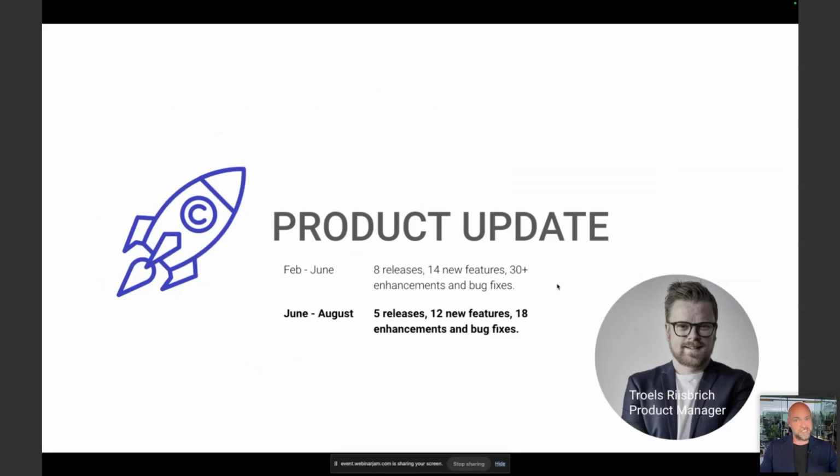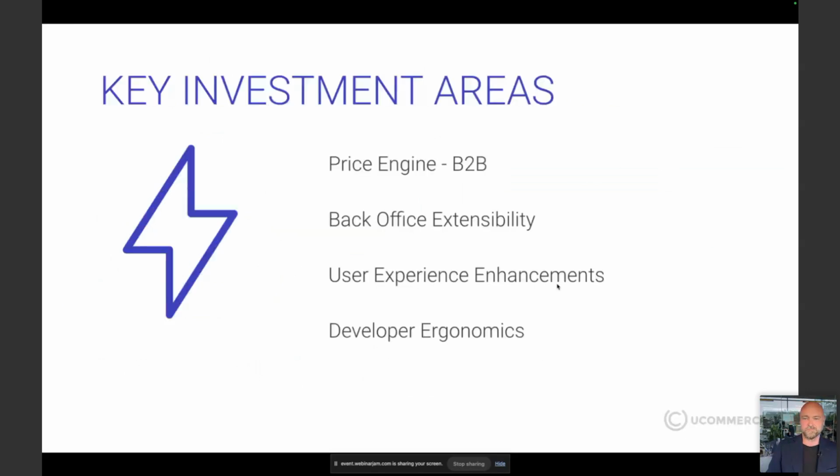Alrighty, so let's actually dig into the product update. When we select the features that go into Next Gen, they fall into key areas of investment. And for this release and the previous one, the first priority is the price engine, particularly with a focus on B2B. So we see, e-com pricing, it's an interesting scenario because a lot of the pricing does not live inside of Ucommerce.